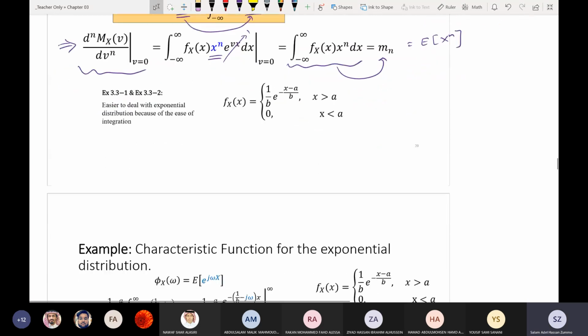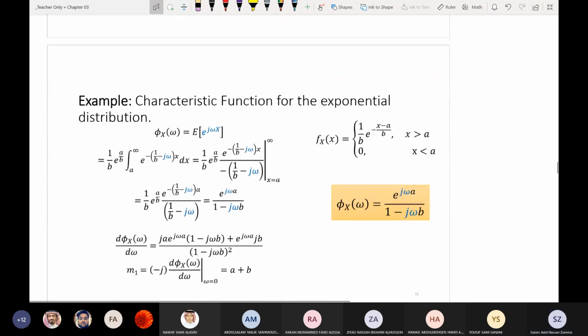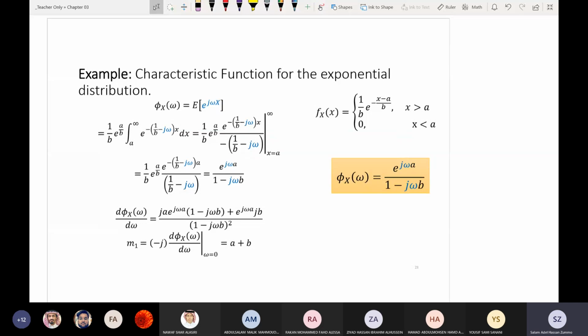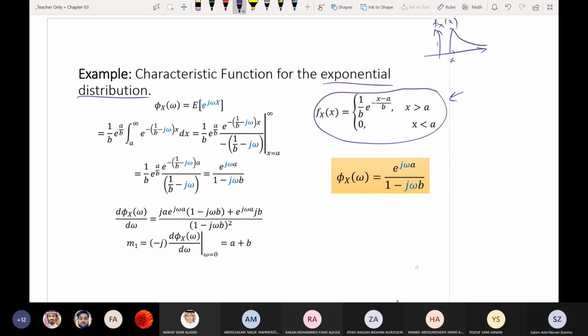Fine, let's take the exponential function as an example, the exponential distribution. The exponential distribution is given by this PDF, if you remember. It starts from A and then decays. This is the way we have studied it before.